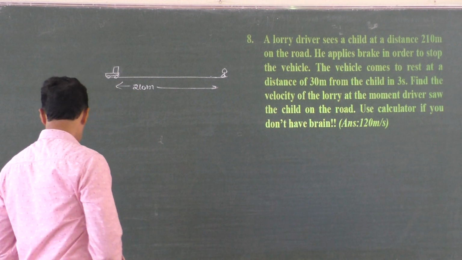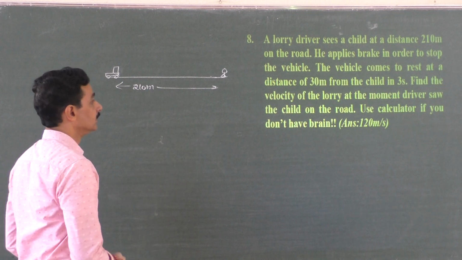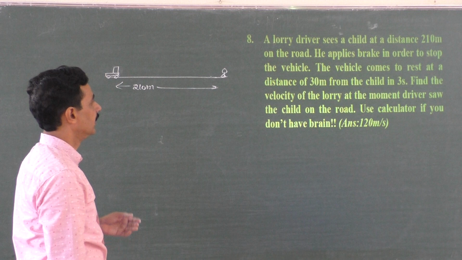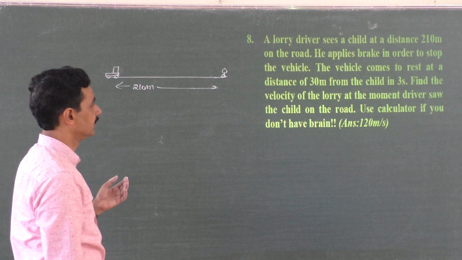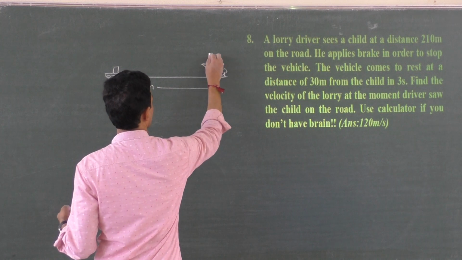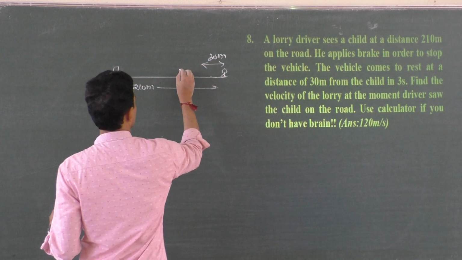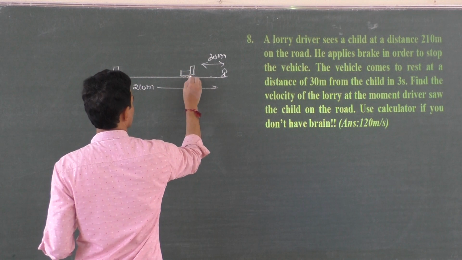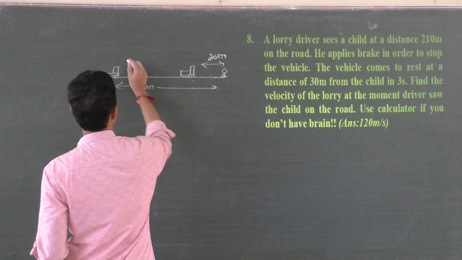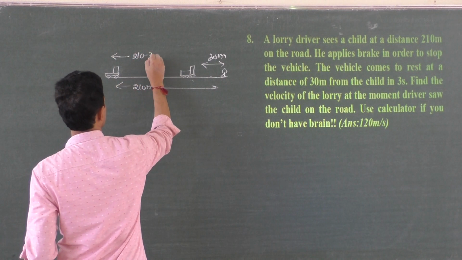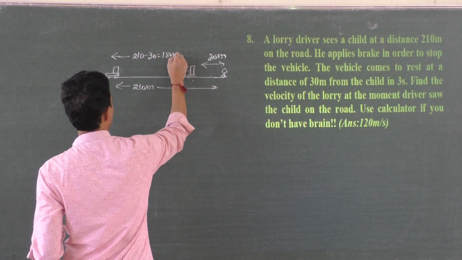I don't know why the child has come to the road. In order to stop the vehicle, he applies the brake, and he can stop the vehicle at a distance of 30 meters from the child. So that means the distance traveled by him is 210 minus 30, that is 180 meters only.